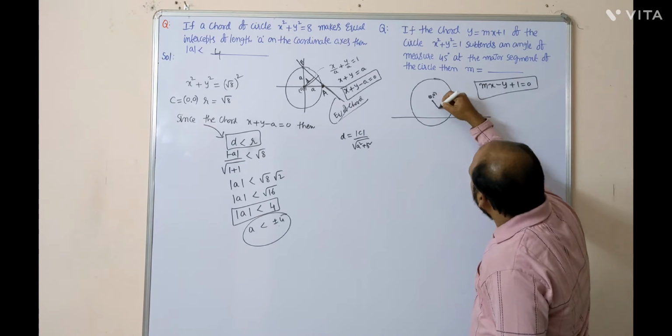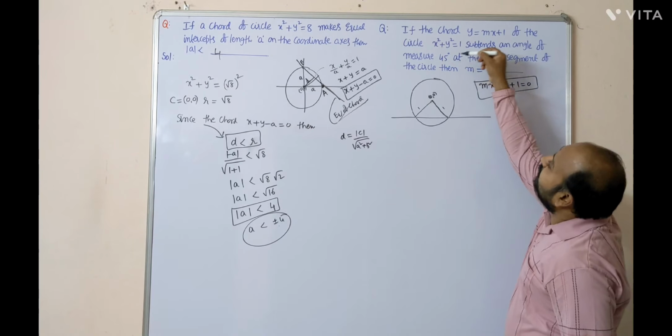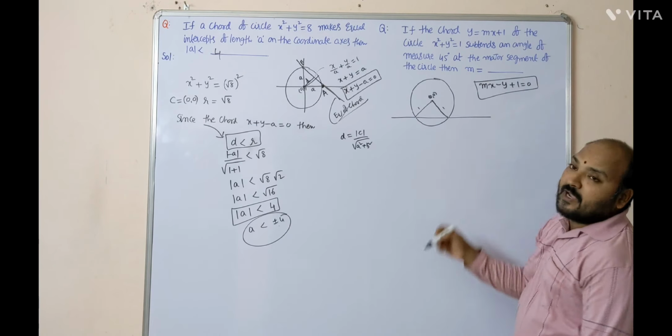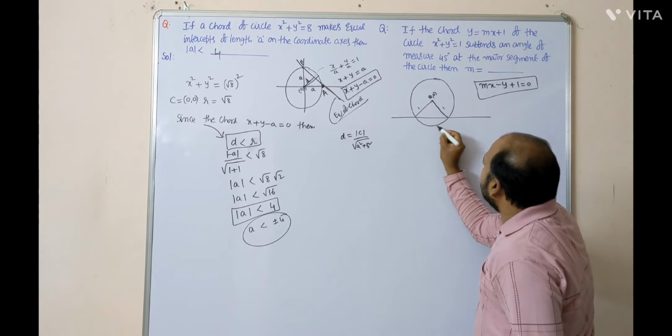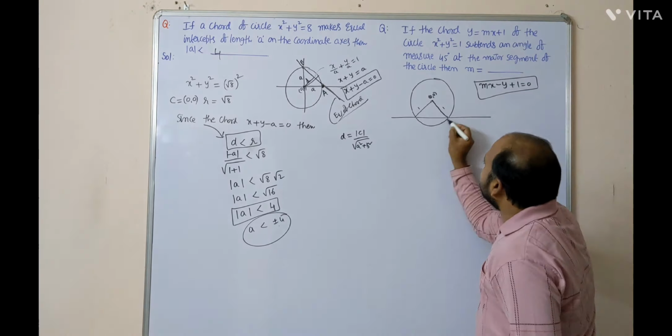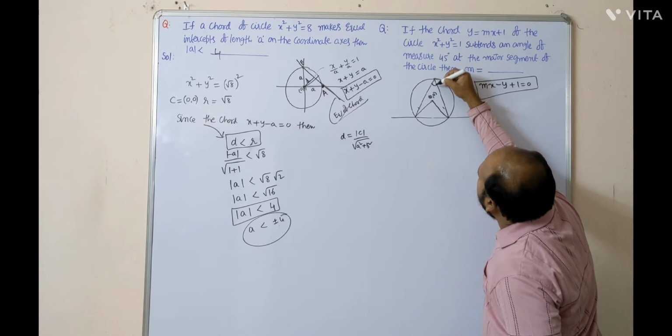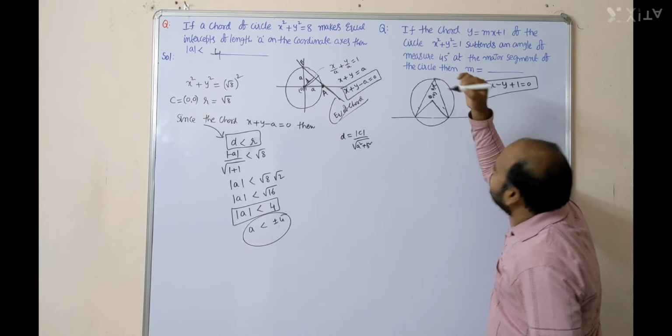This chord subtends an angle of measure 45 degrees at the major segment. This is the minor segment. This part is the major segment. This chord is making 45 degrees with the major segment. That means from here to here, this angle is 45 degrees.